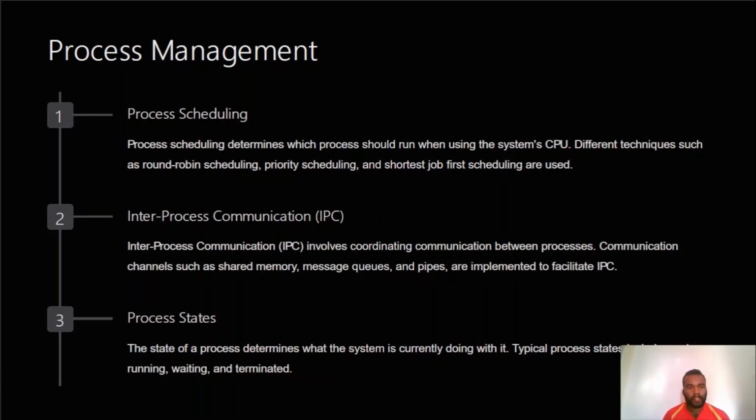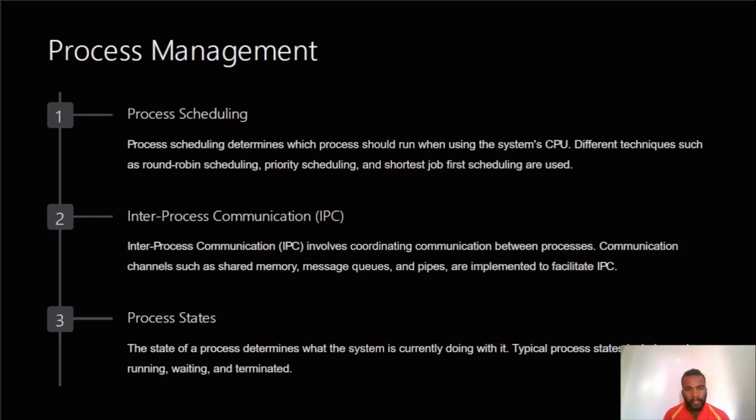Process management. The first thing is process scheduling. Process scheduling determines which process should run on the system's CPU. Different techniques such as round robin scheduling, priority scheduling, and shortest job first scheduling are used. And the second thing is inter process communication, IPC.